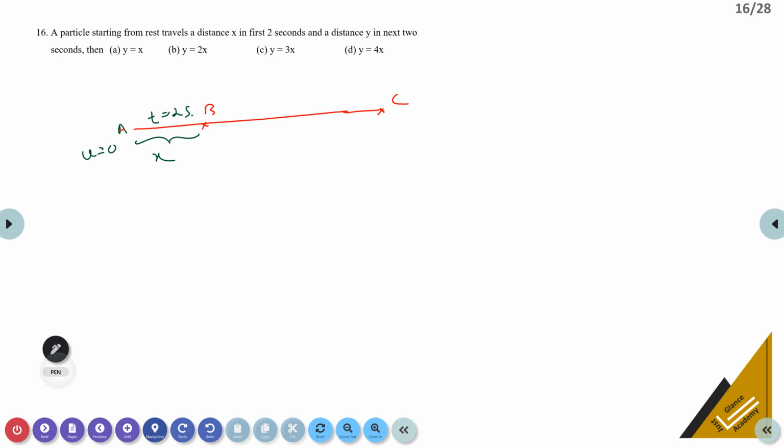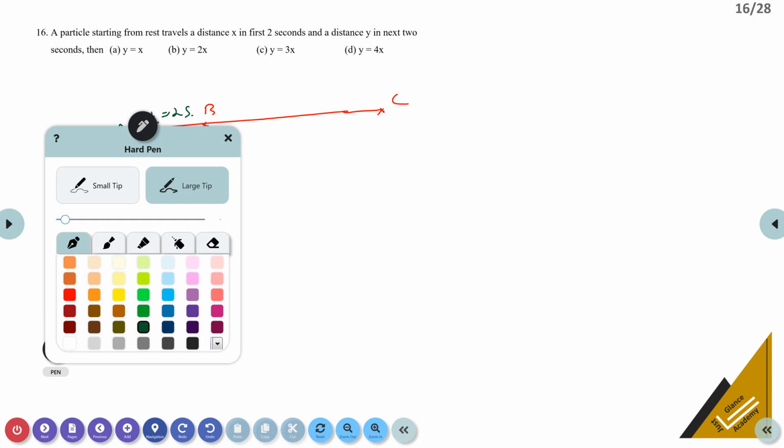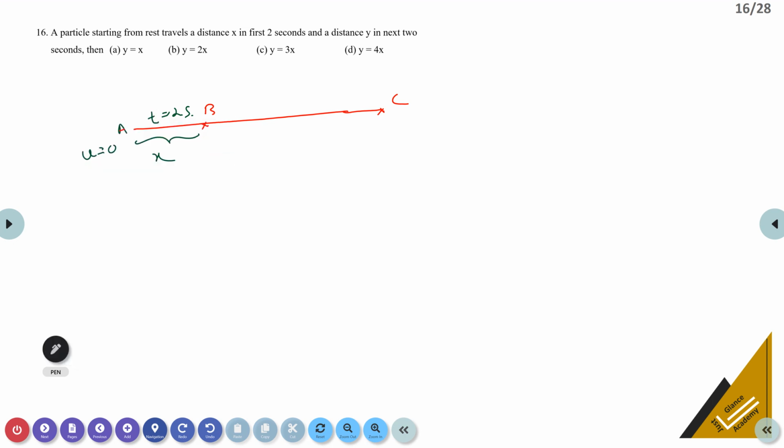And distance y in the next 2 seconds, is asked. Next 2 seconds means from here to here, t equal to 2 seconds, and this distance is y. He is asking the question, what is the relation between x and y?